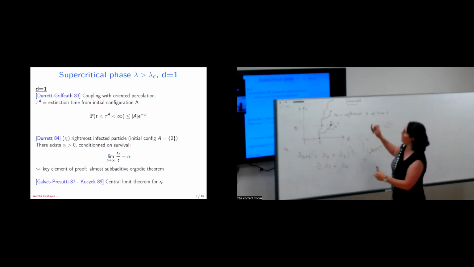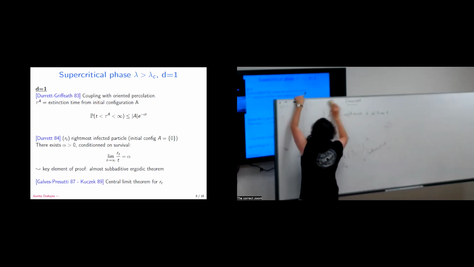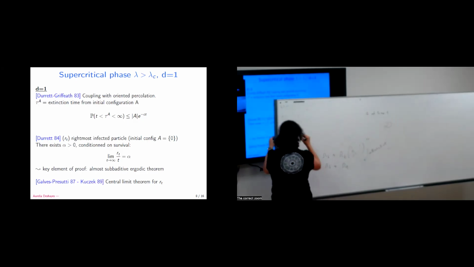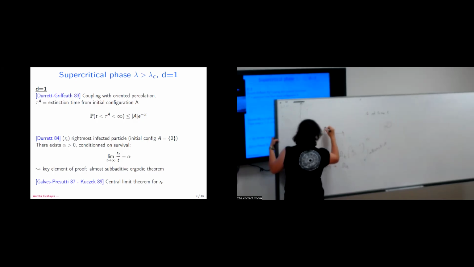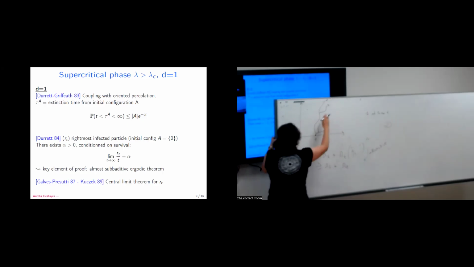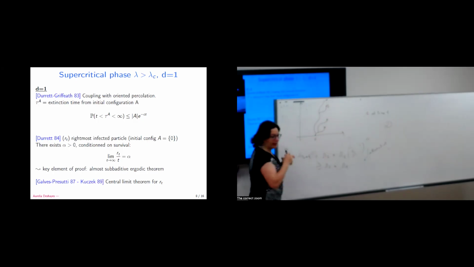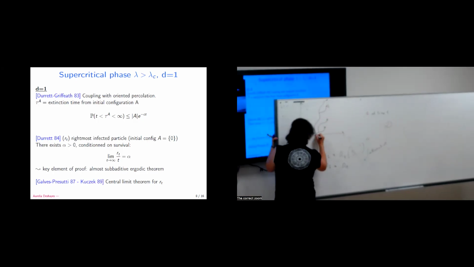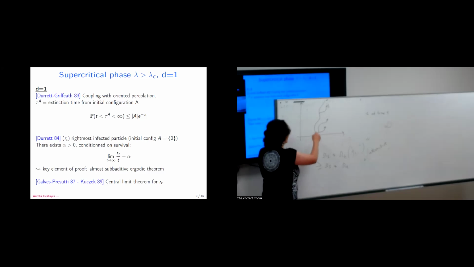Okay, so I will just give you an idea of the central limit theorem. The idea of Cruickshank is, we have the same picture. This point is the rightmost and has infinite descendants.